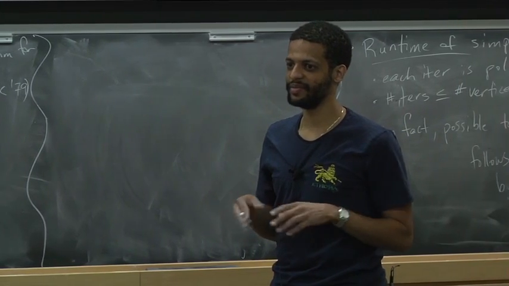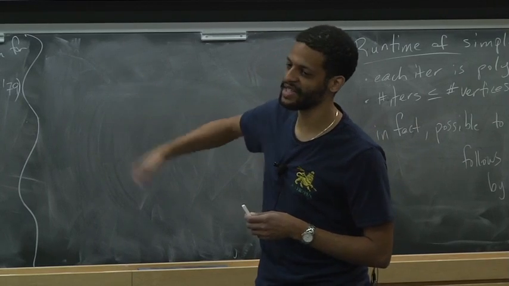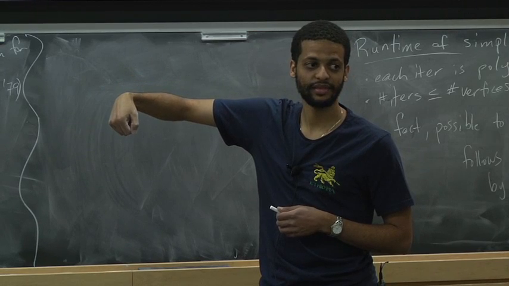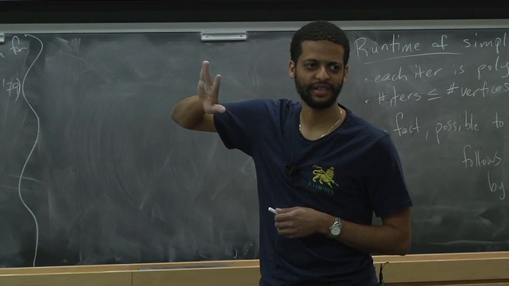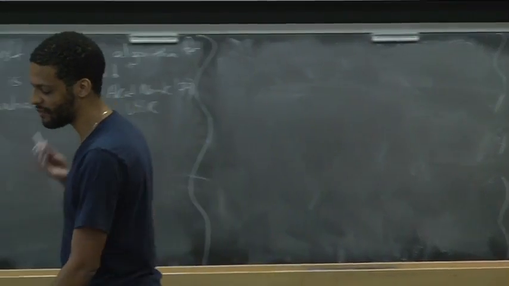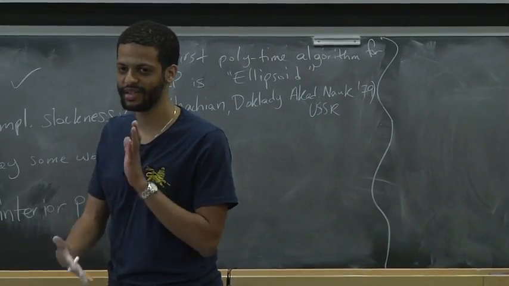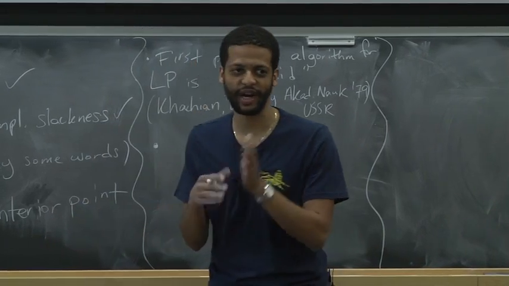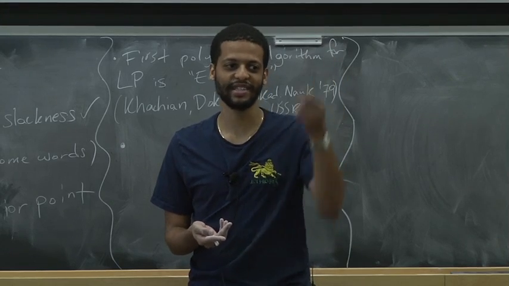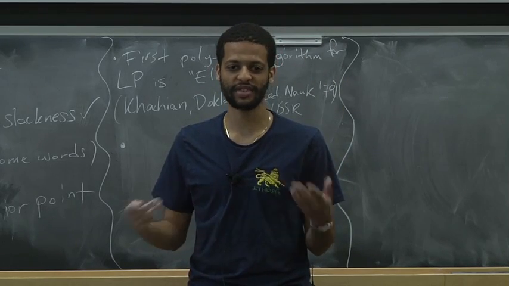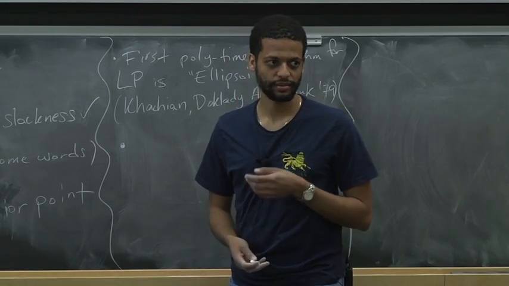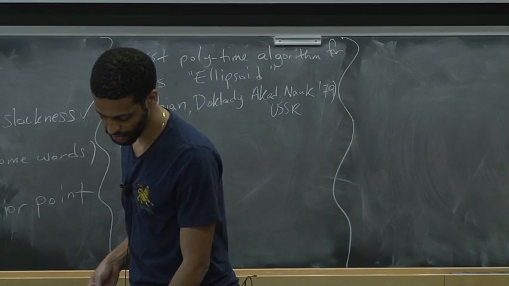And ellipsoid makes a polynomial number of oracle calls. Is it clear what I mean? I didn't tell you what the algorithm is, but the point is, if you can implement this oracle, you don't actually need to write down the LP explicitly. Of course, if you write down the LP explicitly, one way to implement the oracle is to loop through all the constraints and see which one you violate. But if you have some more efficient way of doing that, then you could plug that into ellipsoid.